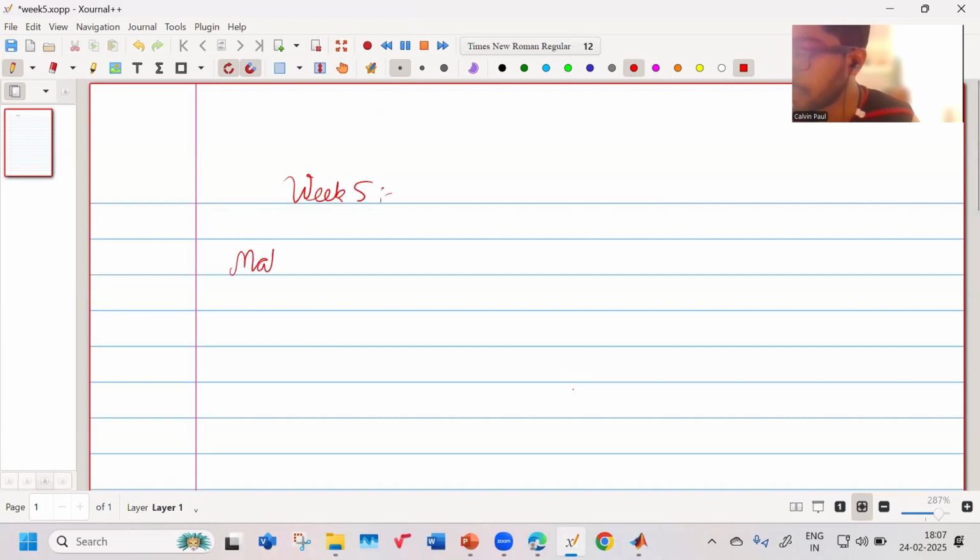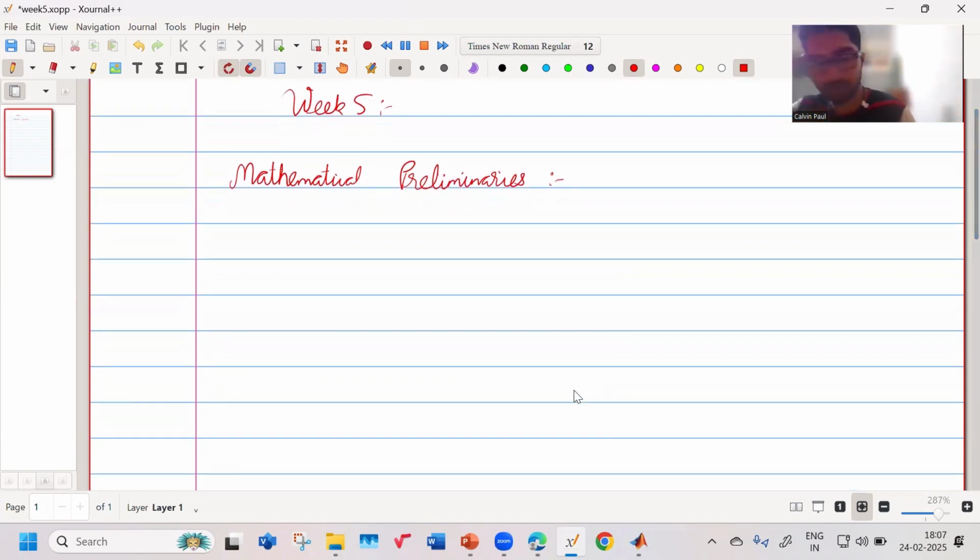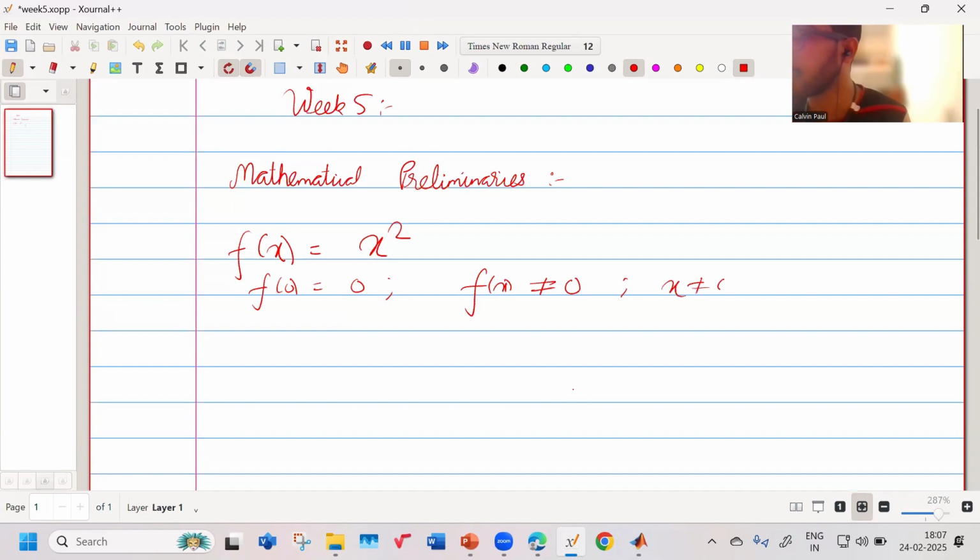I've started with the mathematical preliminaries. Let us consider a function f of x given by x square. So f of 0 is 0, and f of x is not equal to 0 when x is not equal to 0.